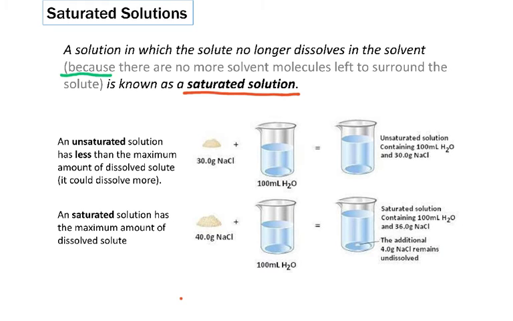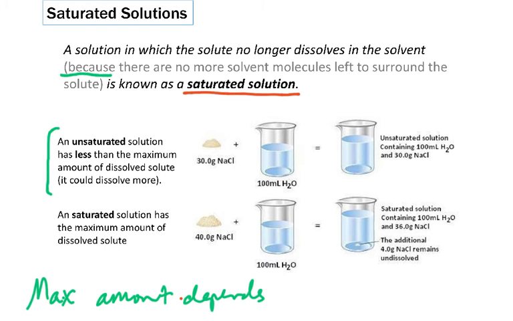So now that we have a definition for what a saturated solution is, anything that has less than that is called unsaturated. So an unsaturated solution has less than the maximum amount of dissolved solute. And the maximum amount, I should say, depends on the solute and solvent. So it's not like there's a set amount for all solutions.